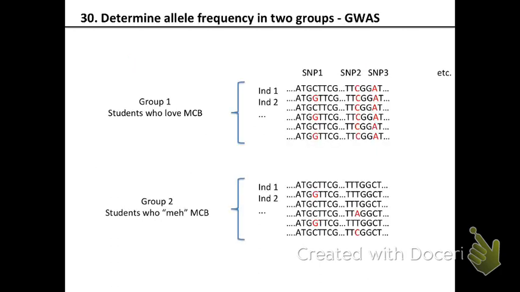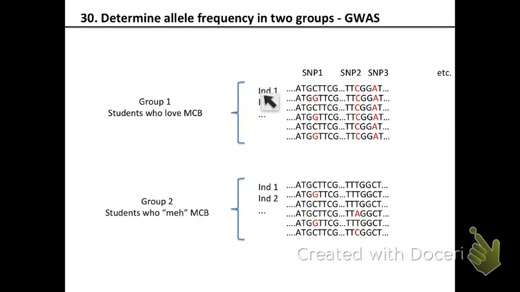All right, so how are these genome-wide association studies done? They're basically trying to determine the allele frequency in two different groups that they're comparing, okay? So let's say I took the population in this room and sequenced your DNA and determined the SNPs in these groups, and separated you by students who love MCB and the students who are meh about MCB, right?